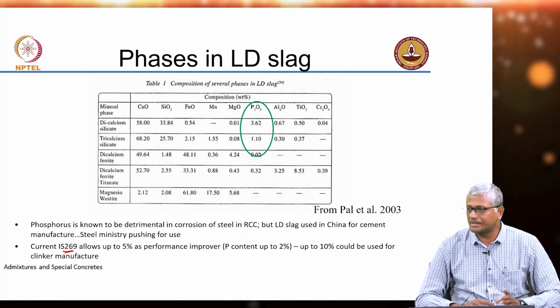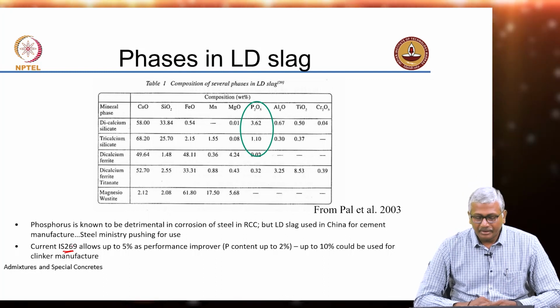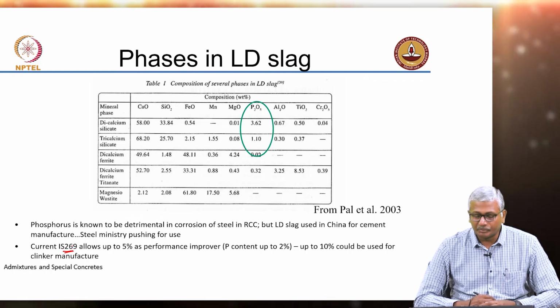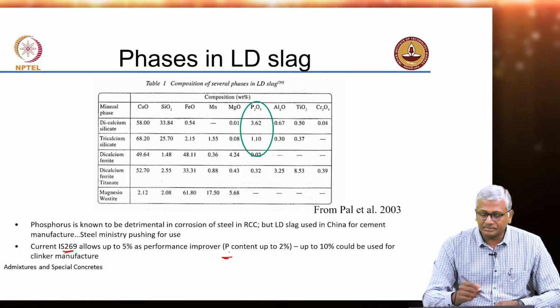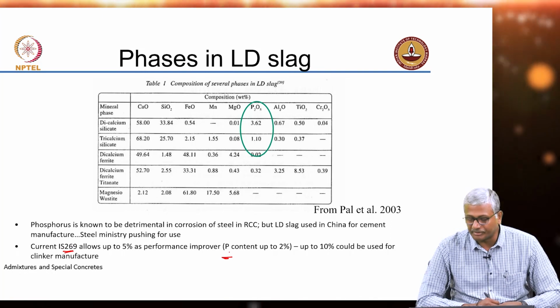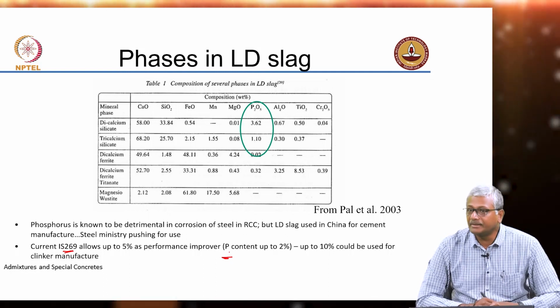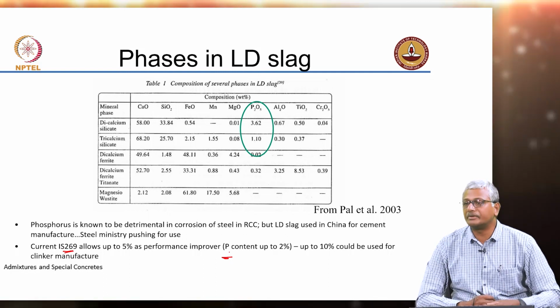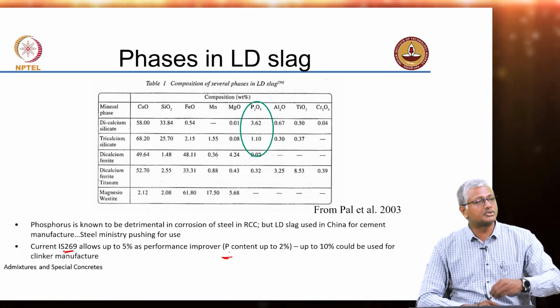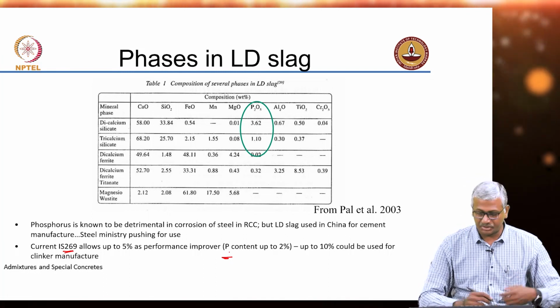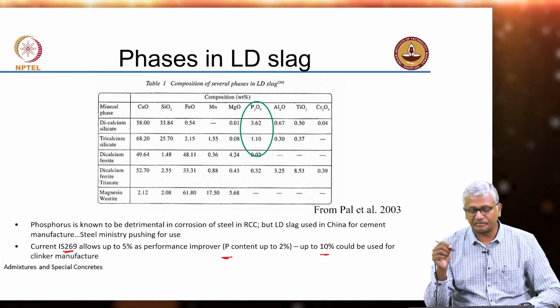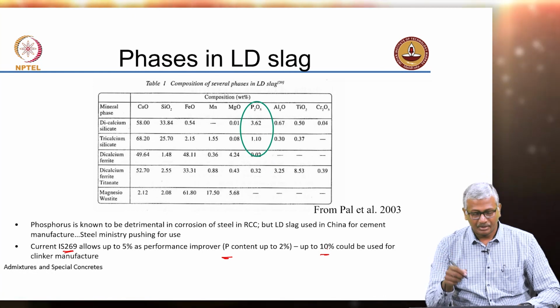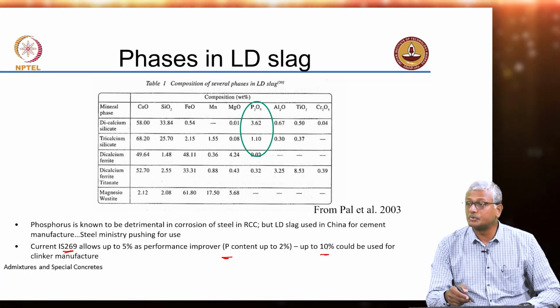There is now only one standard, that is IS 269. It allows up to 5% as a performance improver, provided you can control the phosphorus content to less than 2%. Okay. And when LD slag is used as a raw material in clinker manufacture, up to 10% is permissible. Okay. So 5% is as a performance improver.